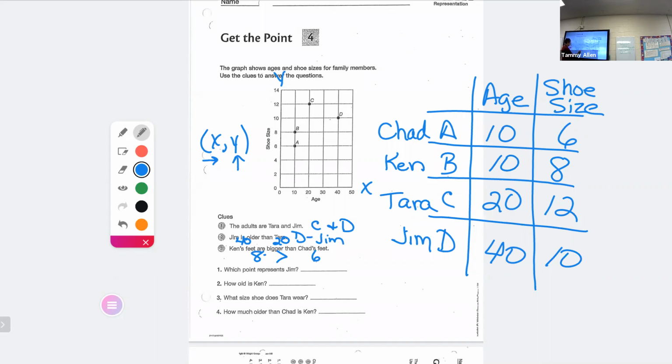D. How old is Ken? 10. What size shoe does Tara wear? 12. How much older than Chad is Ken? 0.